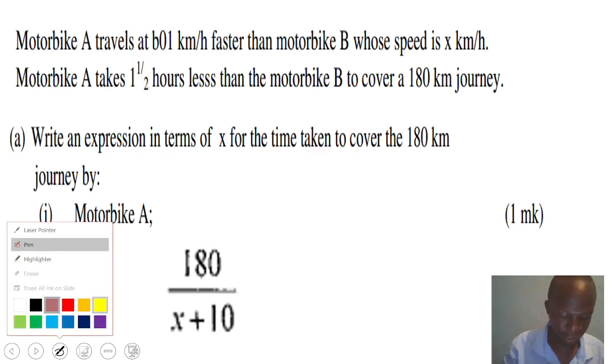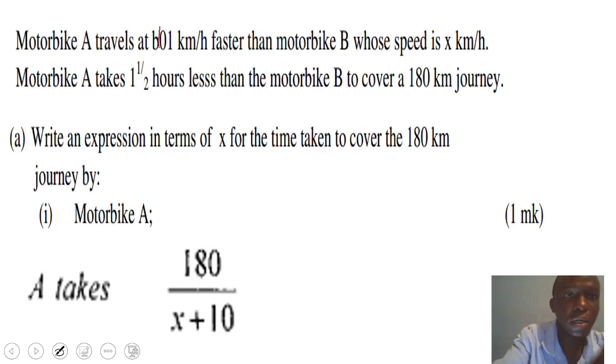Correction, that should be 10 kilometers per hour faster than motorbike B, whose speed is x kilometers per hour. Motorbike A takes 1.5 hours less than motorbike B to cover a 180 kilometers journey. Write an expression in terms of x for the time taken to cover the 180 kilometers journey by motorbike A.